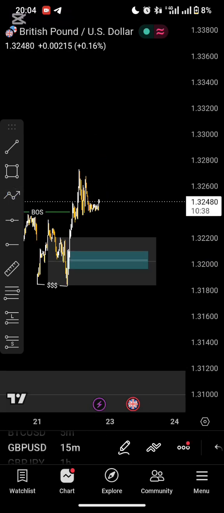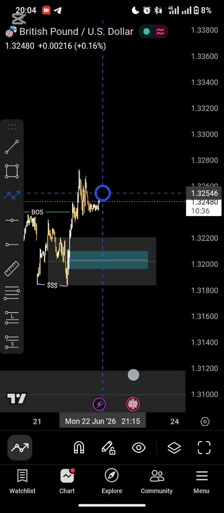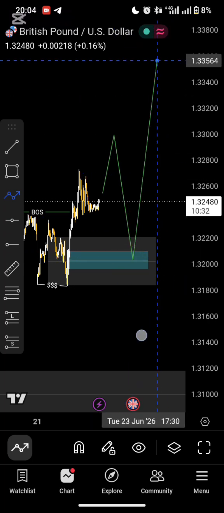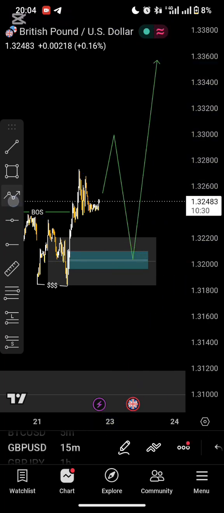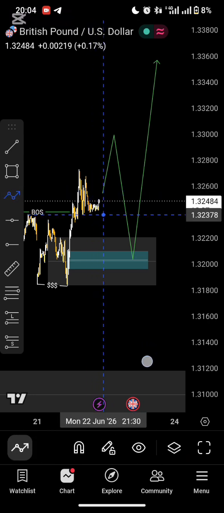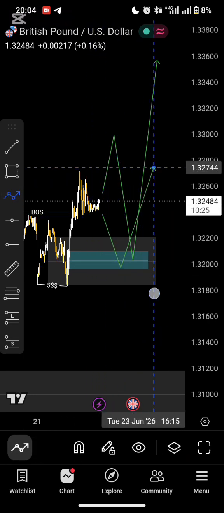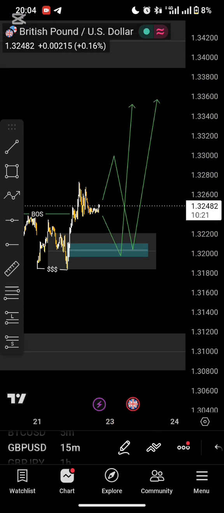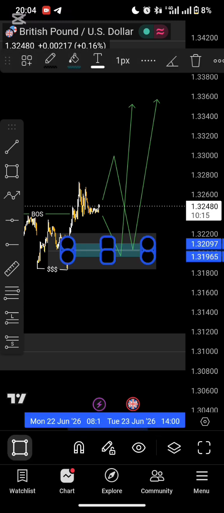What I simply mean is this: price can do a push like this before it comes down here and then do the push that we are looking for, or price can decide to just fall from here to the zone and then do the push. Either way, we are not really looking at what happens before price gets in there. We are more interested in what price does once it gets into our order block.